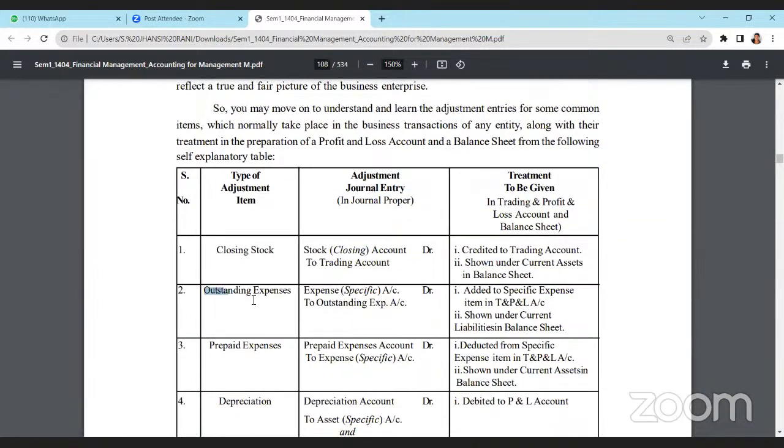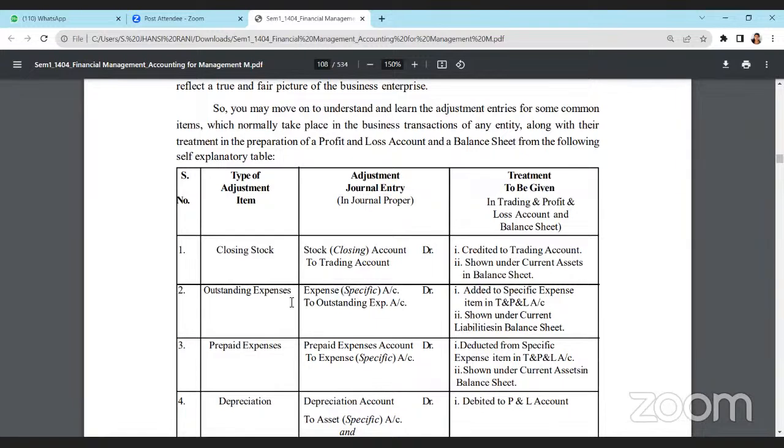Next we have outstanding expenses. Outstanding expenses means the expenses which are due or which are not yet paid or which will be paid in future. As I said, every adjustment will have two effects.